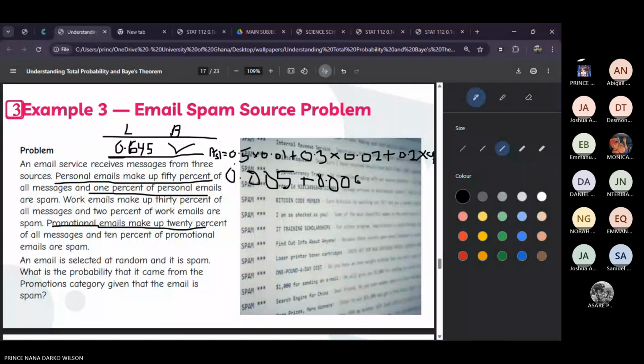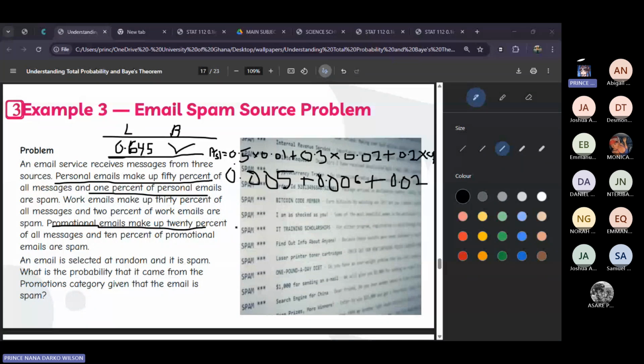And we add that to 0.2 times 0.1, and that gives us 0.02. So combining this is what gives us the probability of picking spam. That's 0.005 plus 0.006 plus 0.02, and that gives us 0.031.